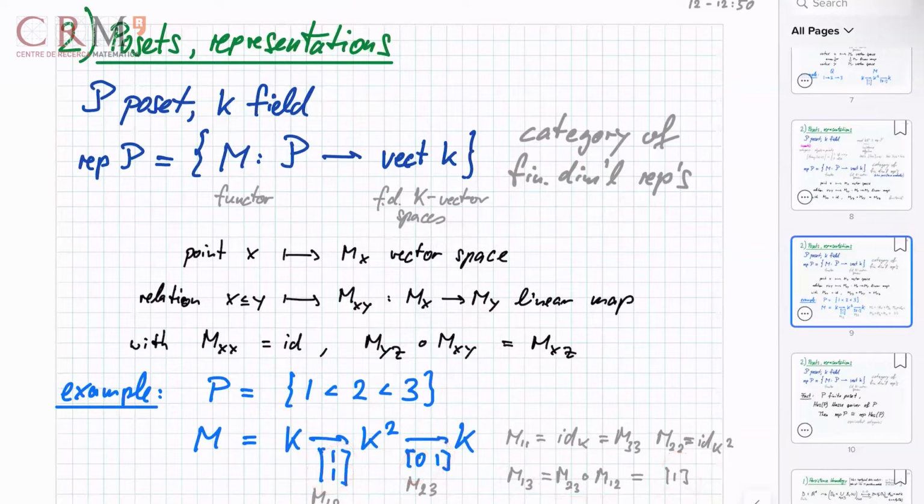So you see that the linear maps that are there by transitivity of the poset are just the compositions of the linear maps that correspond to the arrows in the Hasse diagram. So I don't need to store all this information.